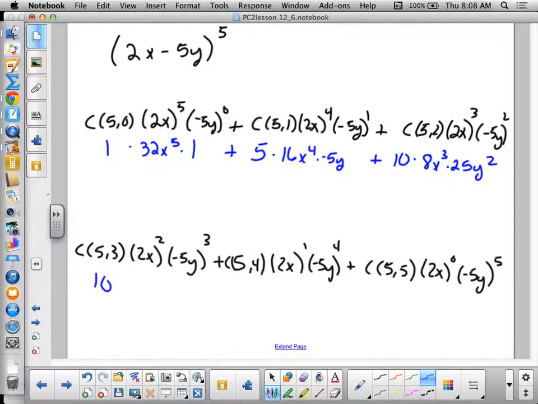This is going to be another 10. 2x squared is going to be 4x squared.